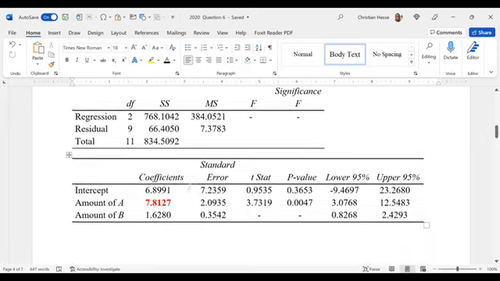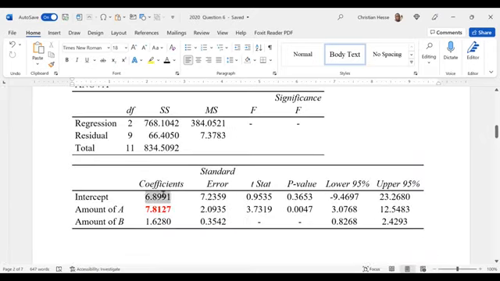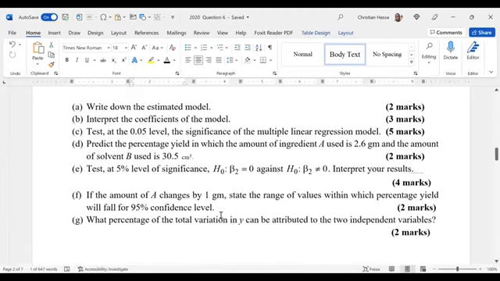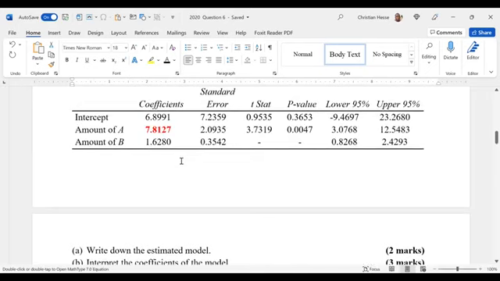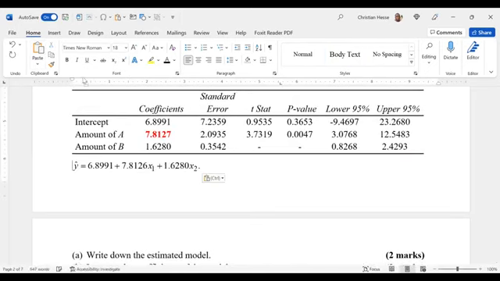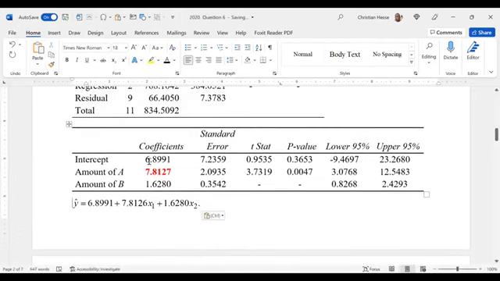It will be the first value. What's the first value here? 6.8991. That should be your first value. So to write the model, it will be this value as your constant.